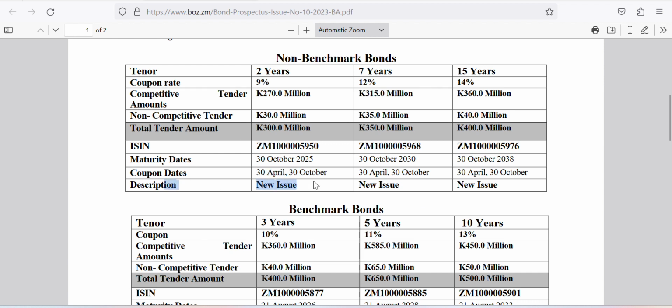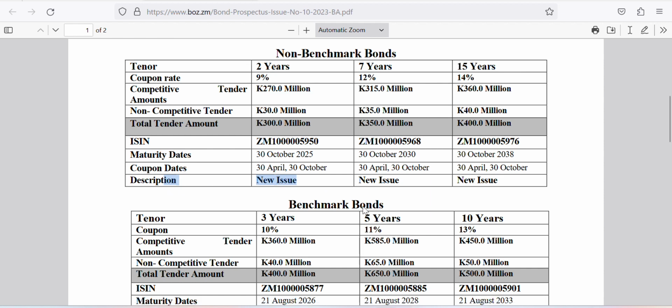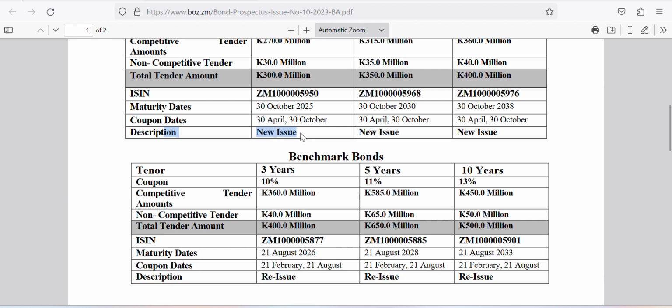And then the last thing for this particular video is this description. If you've noticed, there are some bonds where it says new issue, and for other bonds, it's a reissue. A new issue is basically a new bond for this month that the government has issued, through which it seeks to borrow money from the public.